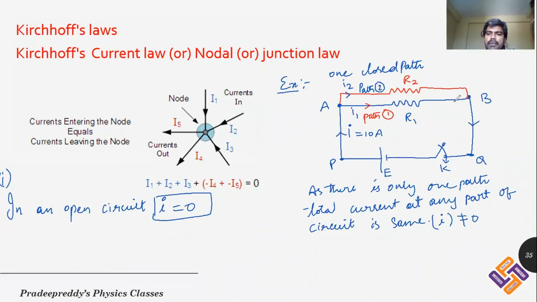If 6 ampere of current is flowing through path 1, definitely 4 ampere would flow through path 2, because both get summed up, and finally you should get the same value I into the battery. How much current is flowing through this battery? From the battery it is starting 10 ampere, and when it enters, definitely it should be 10 ampere. This is conservation of charge.